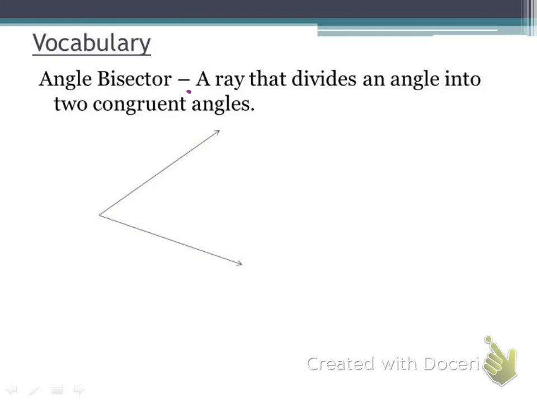If you forget what congruent means, it means they're the same or their measures are equal. So if you want to add that next to the word congruent, that might help you remember. So I have an angle here. I am going to bisect it. So I'm going to add a ray that cuts it into two congruent angles.